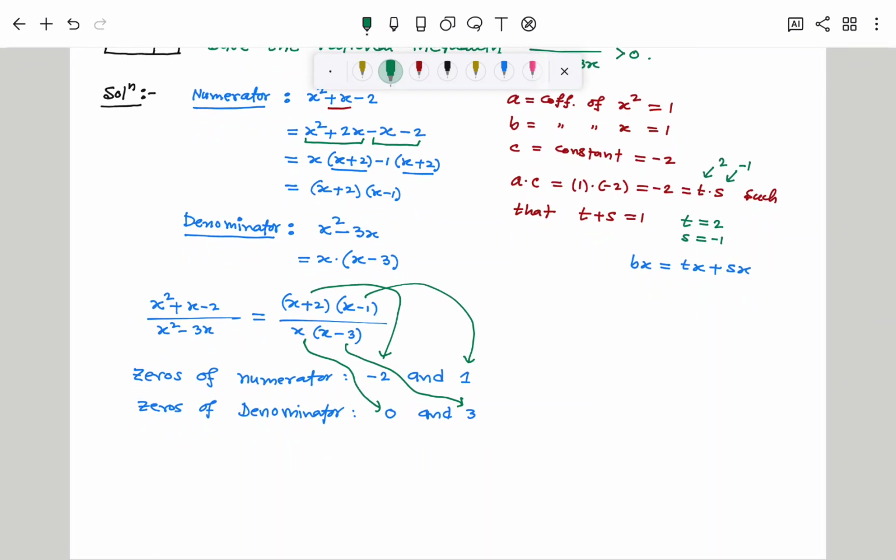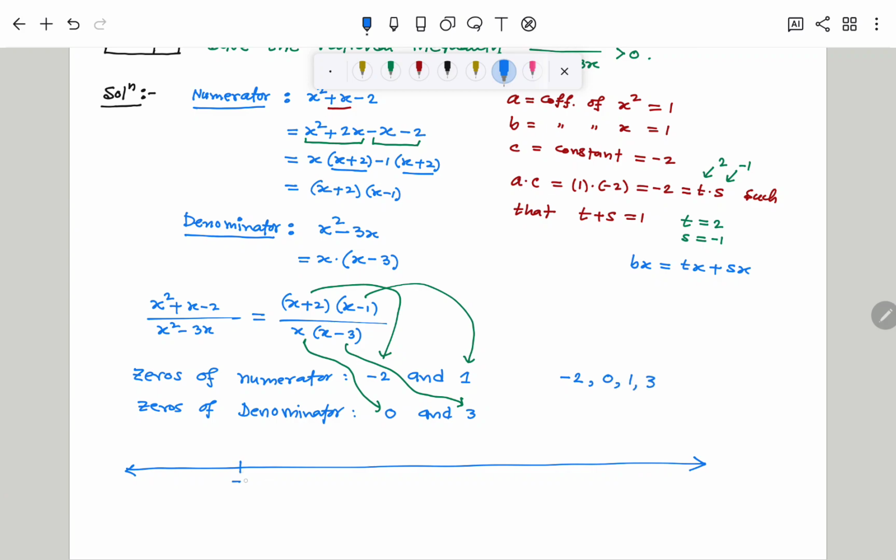Now these zeros will divide our real line into some subintervals, so we first plot them on the real line. If we list the zeros in ascending order, they look like negative 2, then 0, then 1, then 3.